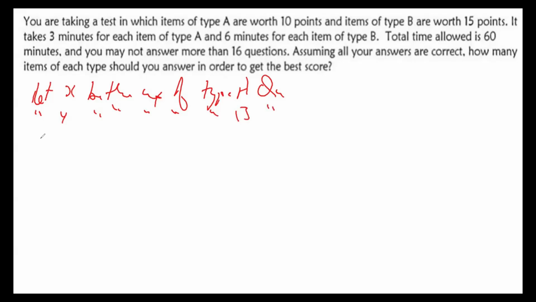So there's some information there. Type A takes 3 minutes, so that'll be multiple choice. So 3x, 3 minutes times the number of type A questions you answer, plus 6 minutes for type B questions, 6y, must be less than or equal to 60 minutes.